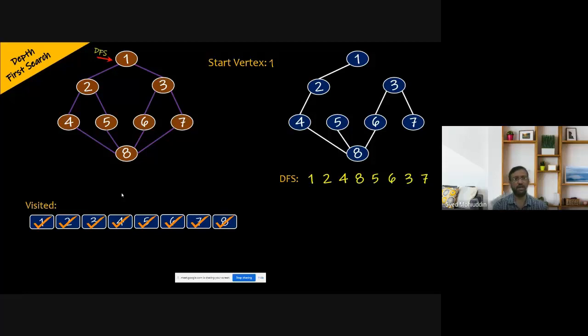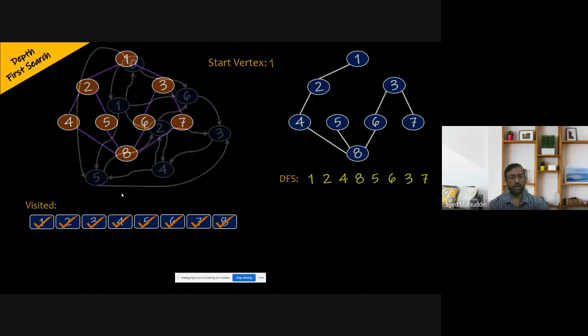Once all the edges are traversed, the depth first search terminates and we have the result. So you can see that for the same graph, breadth first search and depth first search may give different outputs, or different ways of visiting or traversing vertices.